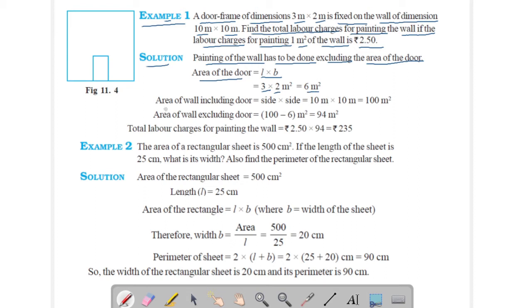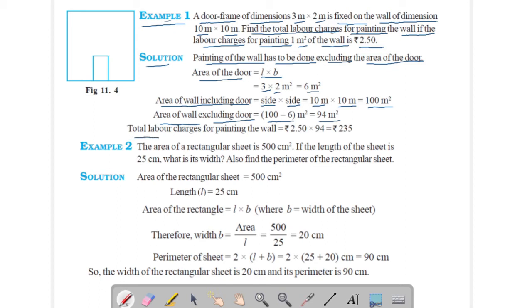Now area of wall excluding door, it is equivalent to side into side, that is 10 meter into 10 meter, that is 100 meters square. The area of wall excluding door is 100 minus 6, that is 94 meters square.